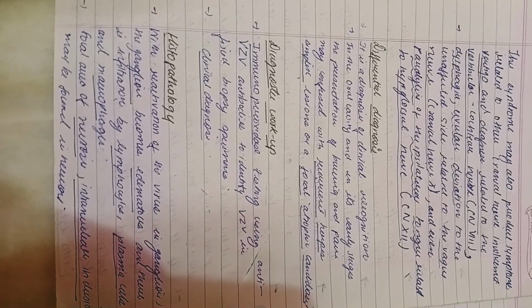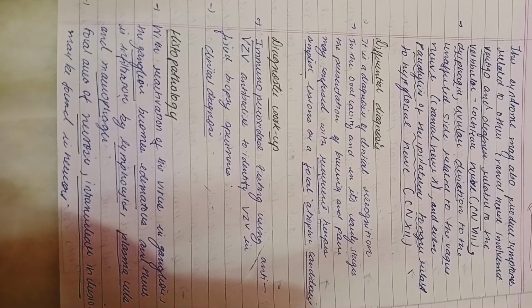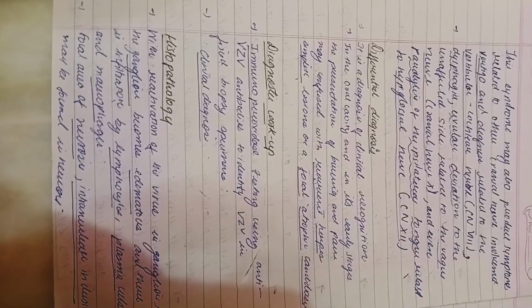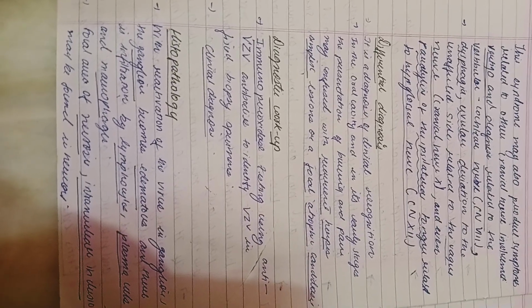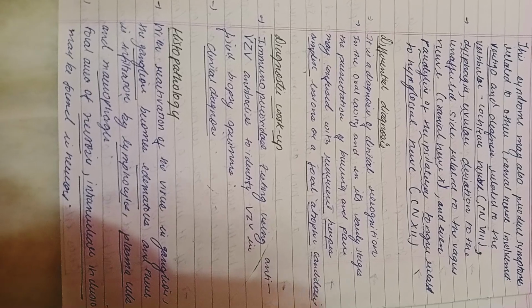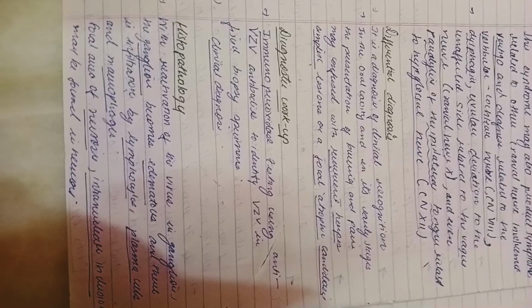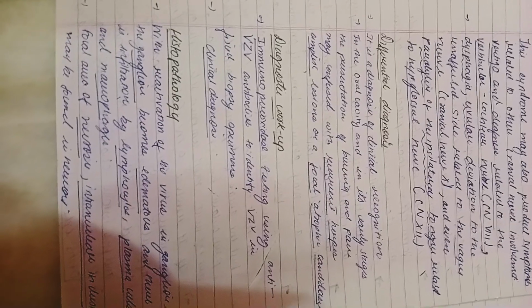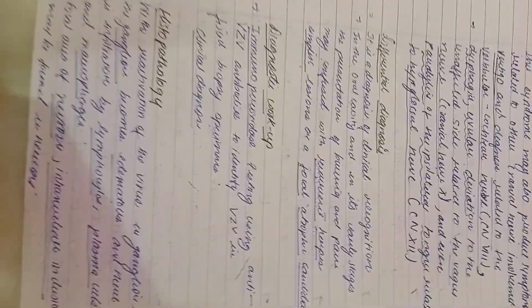Symptoms like vertigo and deafness related to the vestibulocochlear nerve, that is cranial nerve 8. Then symptoms like dysphagia and uvular deviation to the unaffected side related to the vagus nerve, that is cranial nerve 10, and even paralysis of the ipsilateral tongue related to the hypoglossal nerve, that is cranial nerve 12. So it may involve various cranial nerves.